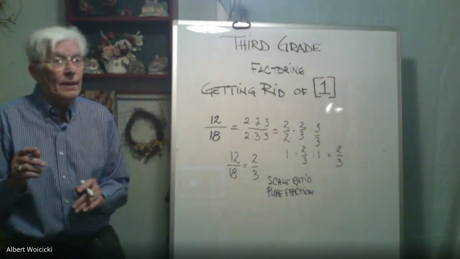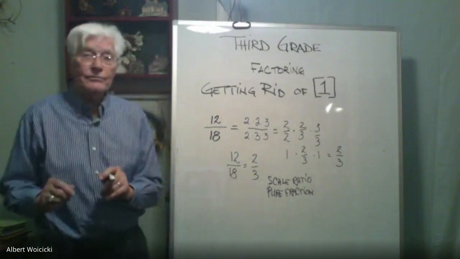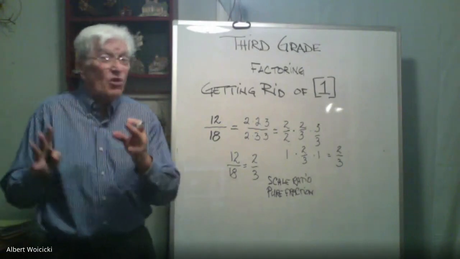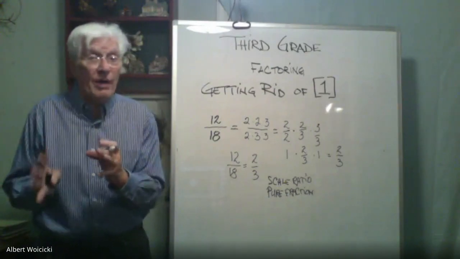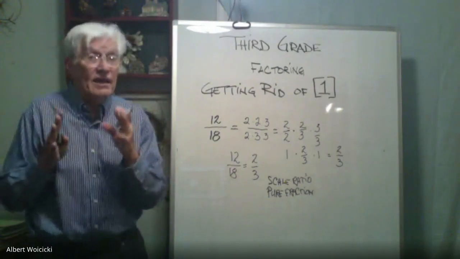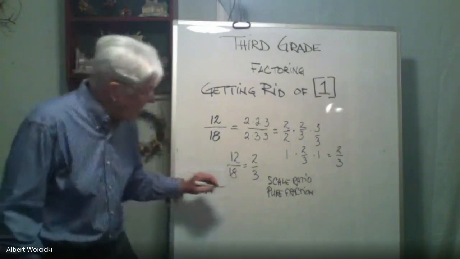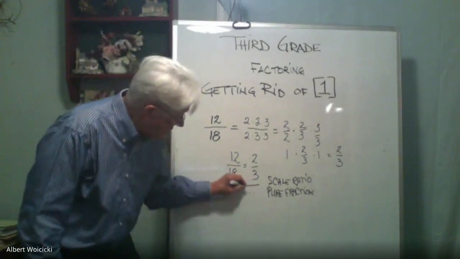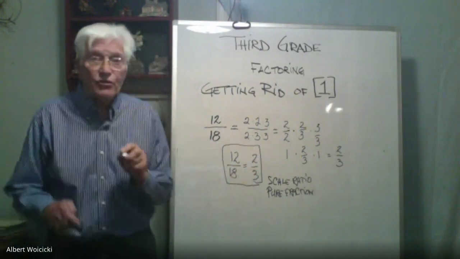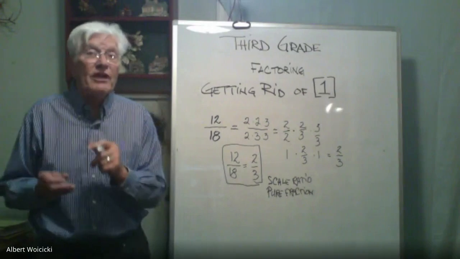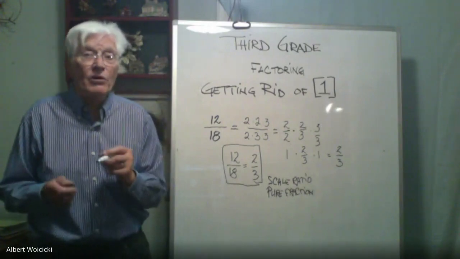Now, what else have we done? We have done something incredibly important, and something that we're going to talk about in my next video. We're going to talk about this item right here. Your students have just written something that is incredibly valuable.